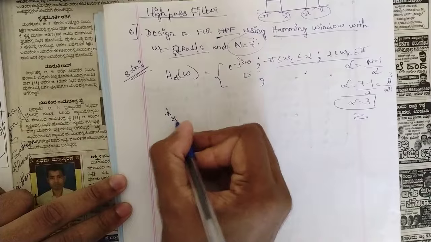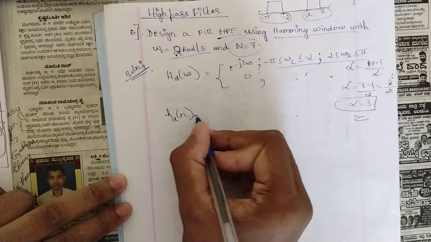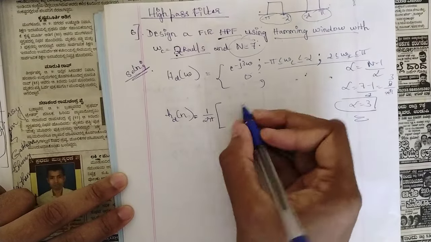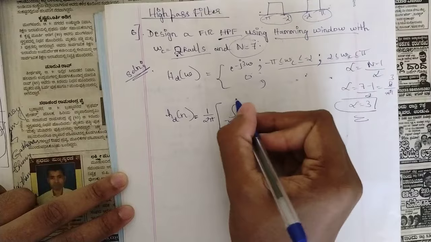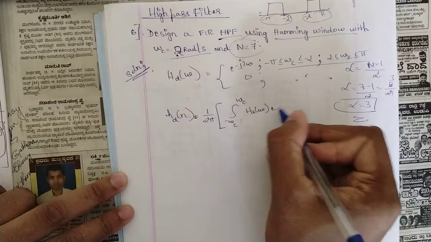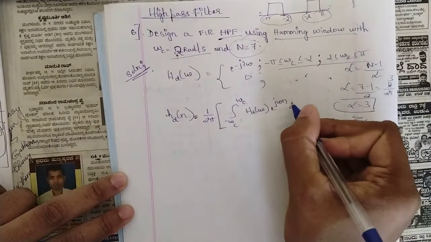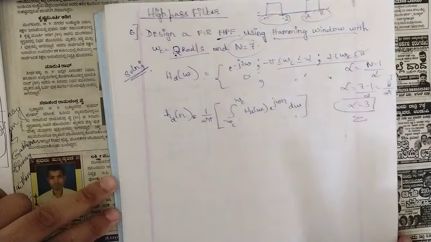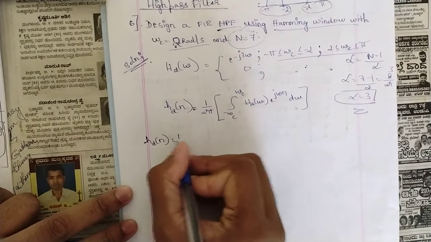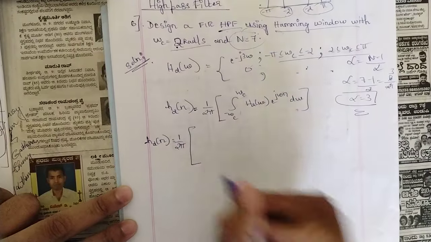Now Hd of n. Here we have some slight change. 1 by 2 pi, limits from minus omega c to plus omega c, Hd of omega e power j omega n d omega. So this is the formula. Now in this formula, 1 by 2 pi into two sets of integrals.